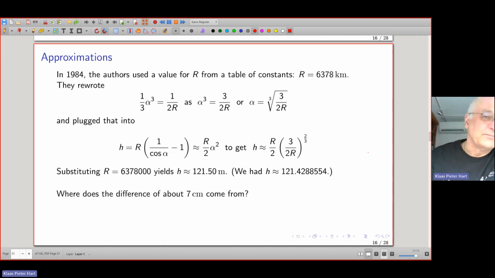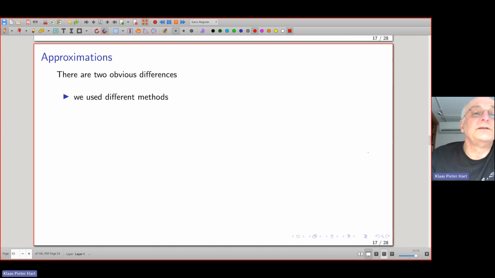Okay, when you see that, you say, okay, well, 7 centimeters, and we have 121 meters already. Who cares? But as a mathematician, you should be curious as to where that difference comes from. One thing that you should notice is that we use different methods. I used the black box to solve the equation tangent alpha minus alpha, and assumed that the black box gave me more or less the exact solution.